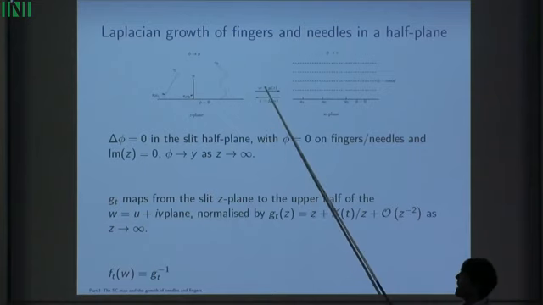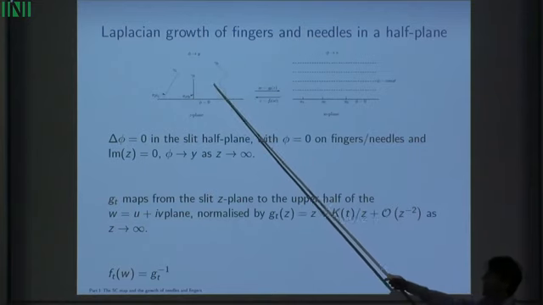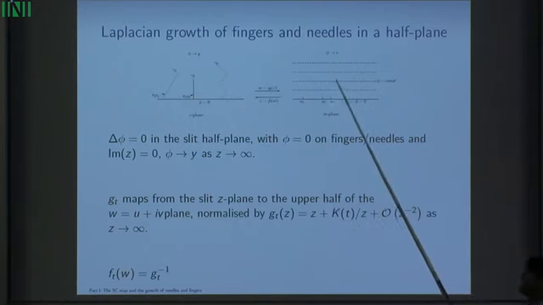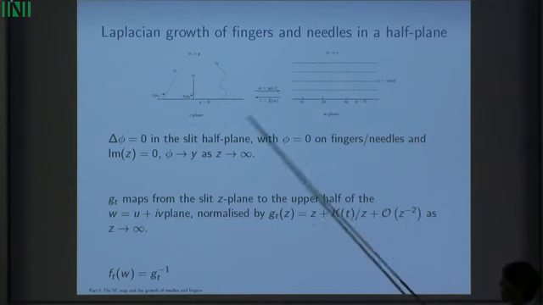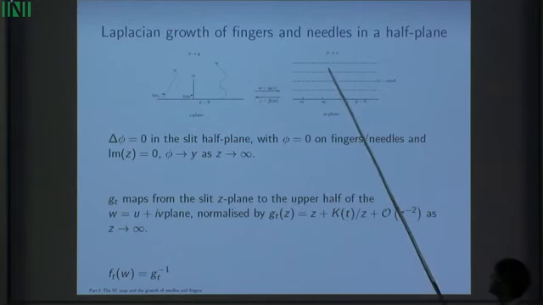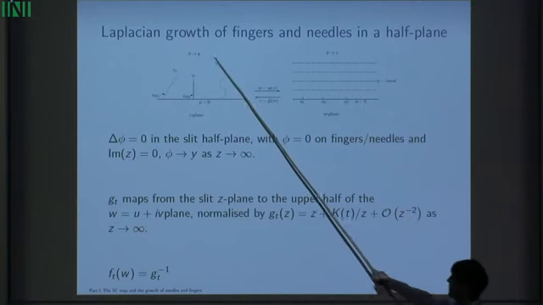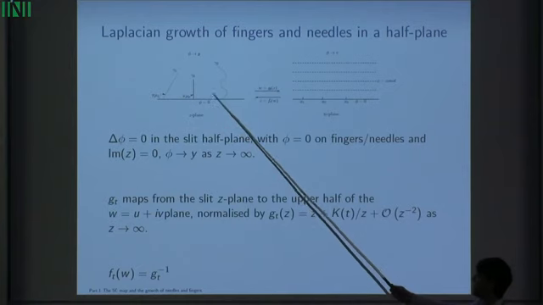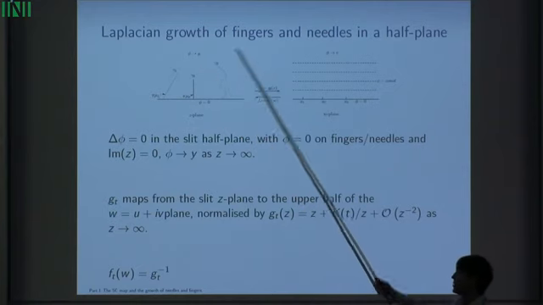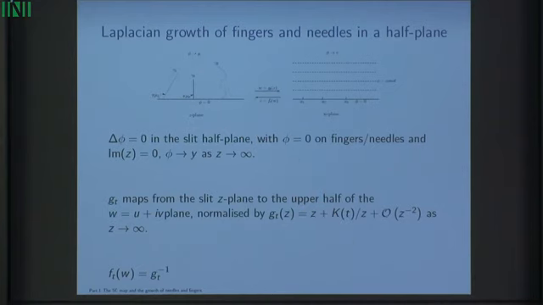If we can find a map from this upper half slit plane to the entire upper half plane, then the solution is immediate. By the way, the far field condition and the condition on the real axis are: phi equals 0 on the real axis, phi tends to y at infinity, and that provides the flux for these fingers to grow.